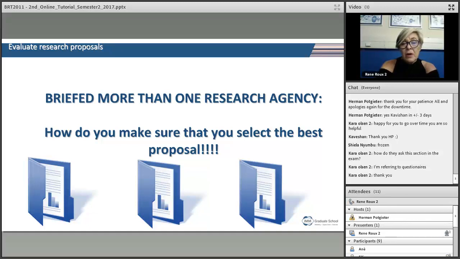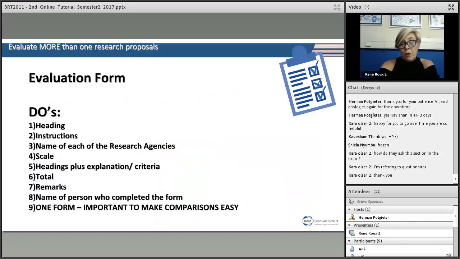And when you have more than one research agency, you need to select the best proposal. The way to do it is usually to compile an evaluation form where you evaluate each agency on the same criteria. So your evaluation form will have a heading. There will be some instructions on how to complete the form.